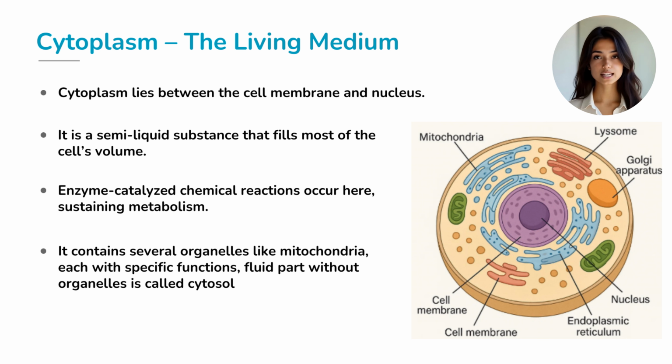It's semi-liquid and serves as the stage where countless life processes occur. Think of it as the factory floor of the cell, where workers, the organelles, are busy performing specialized tasks. As you can see in the diagram, organelles like mitochondria, ribosomes, and the endoplasmic reticulum are suspended within this medium.